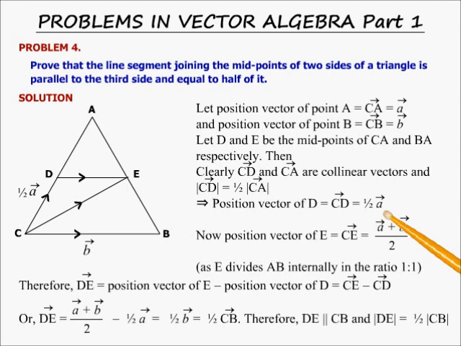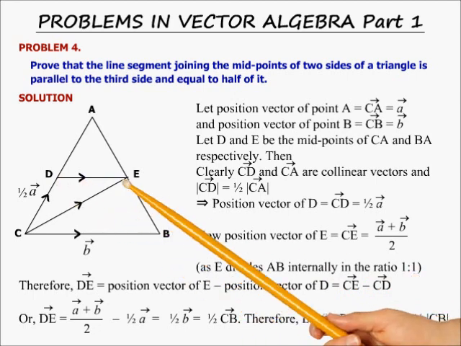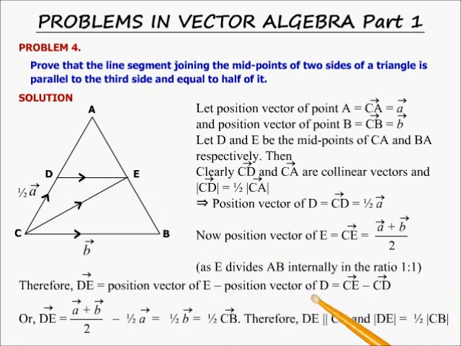Now vector CE is equal to position vector of E, which is equal to vector A plus vector B divided by 2. This we get by using the section formula, as E divides AB in the ratio 1:1. Therefore, vector DE equals position vector of E minus position vector of D, which is equal to (vector A plus vector B) divided by 2 minus half vector A, which is equal to half vector B, which is equal to half vector CB.